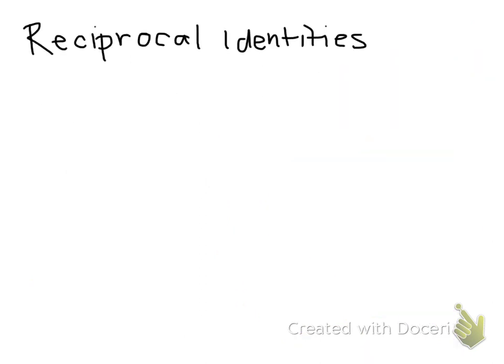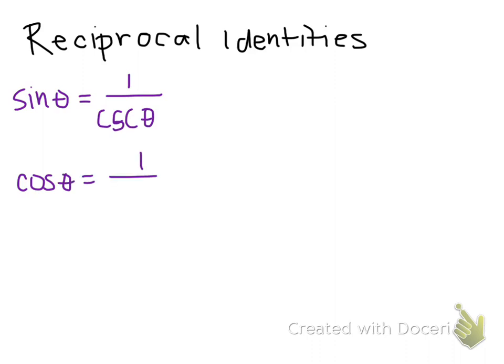So some more identities are the reciprocal identities. We kind of touched on this the other day. The reciprocal identity says that sine is the same thing as 1 over cosecant. Cosine is the same thing as 1 over secant. And tangent is the same thing as 1 over cotangent.